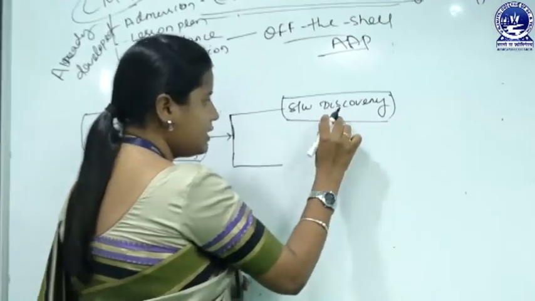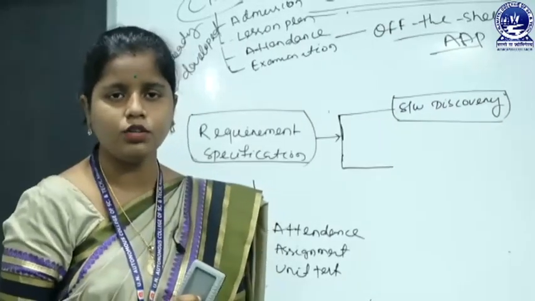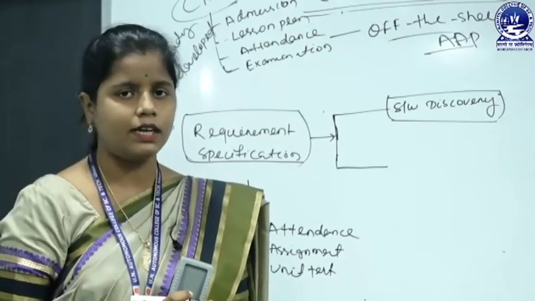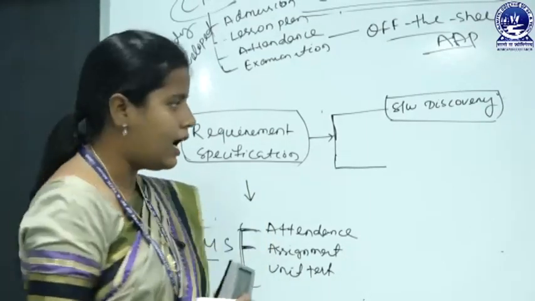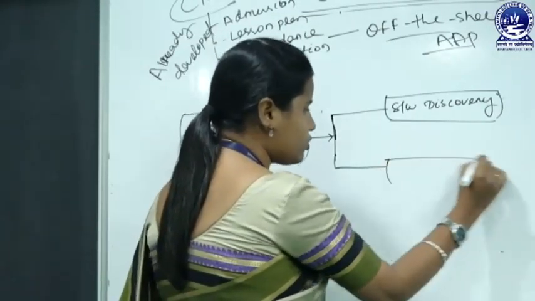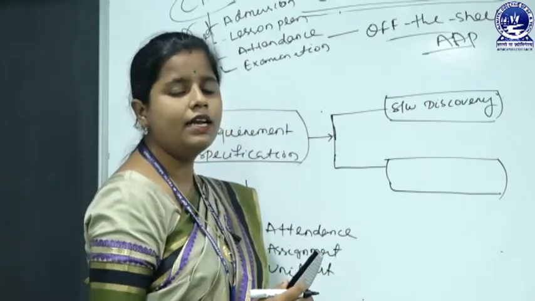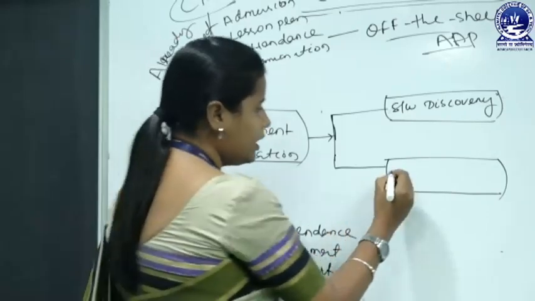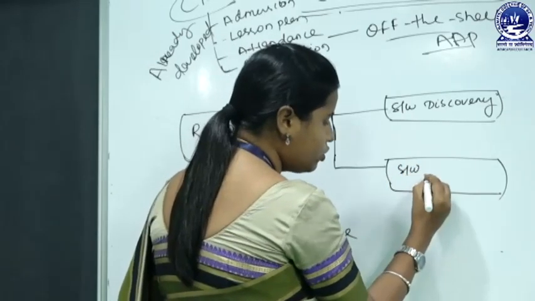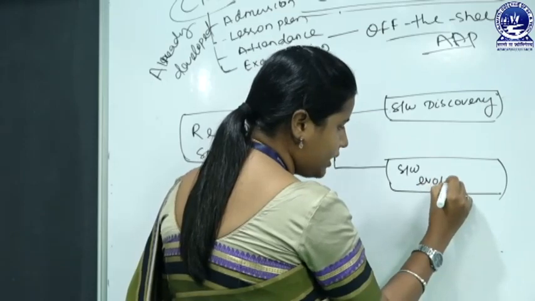In this phase we have to find out whatever software is readily available with us, and we also have to find out what software or subsystems need to be created. So, here we have to go through the phase that is software evolution.